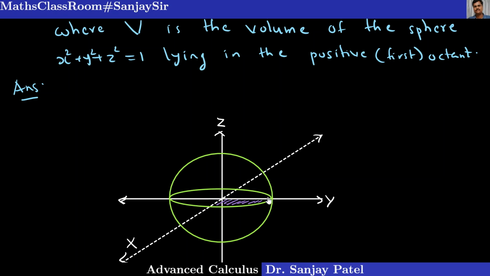So here also we'll change this into spherical coordinate system. The sphere given here has center at the origin and radius 1.